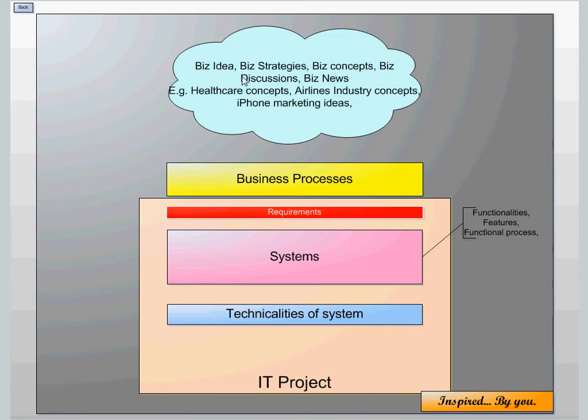So this particular example demonstrates that when a big program is conceived in a company, they don't just get into action. They plan, and as part of the plan, they conceive multiple projects. And when they do conceive projects, they could be of multiple kinds. They could be IT, they could be non-IT, and within non-IT, they could be of different kinds. And within IT, they also could be of different kinds.